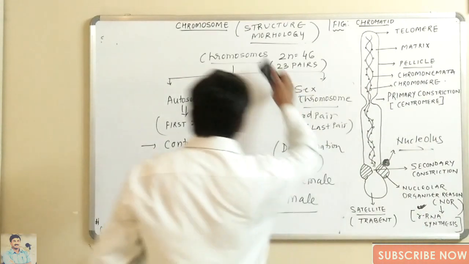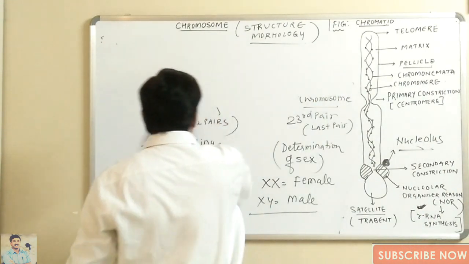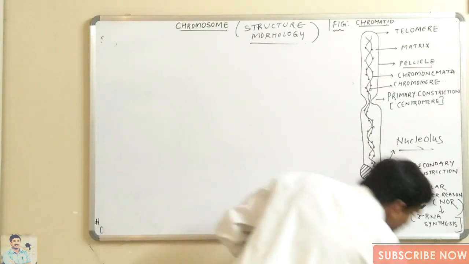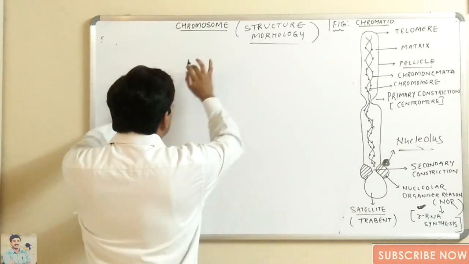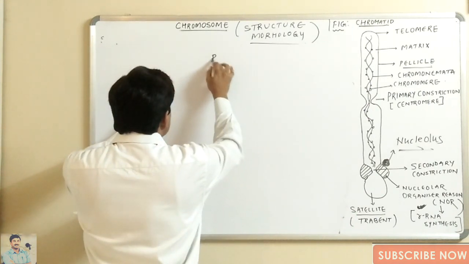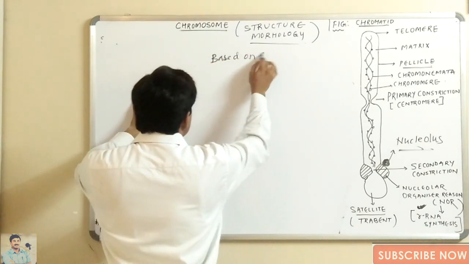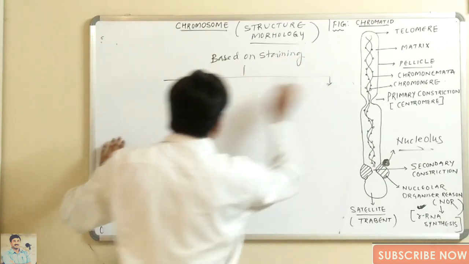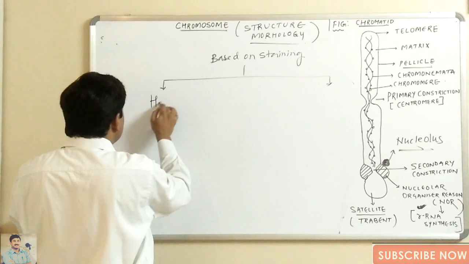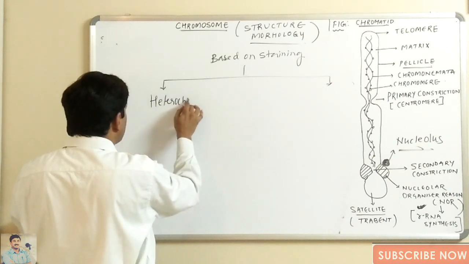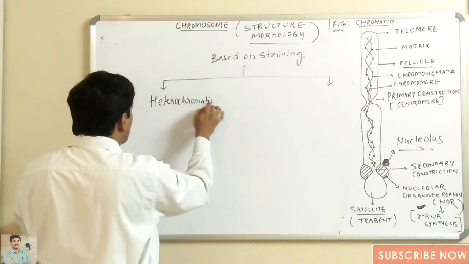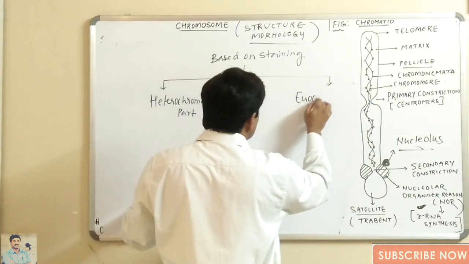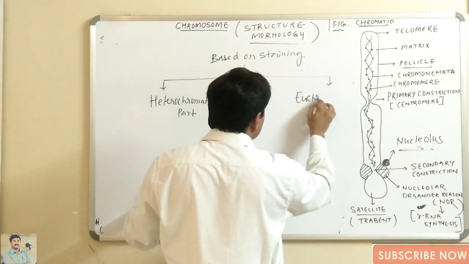Now at the last, based on staining, the chromosomes are classified into two. Based on staining, we can say that chromosomes have either a heterochromatin part or a euchromatin part.